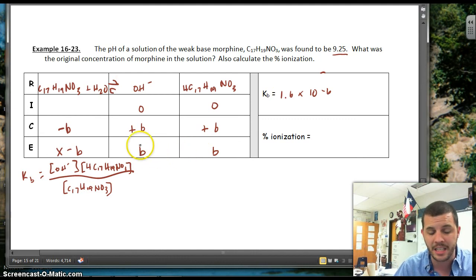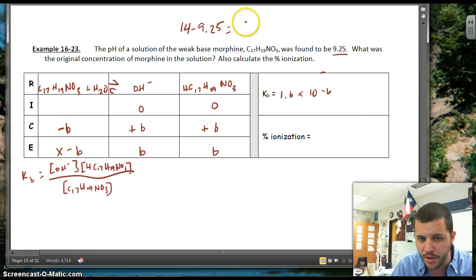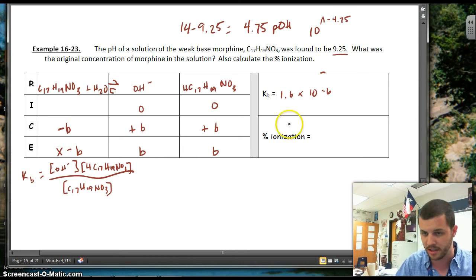So now, before I can find out any of this stuff, I need to figure out what B is. The only way that I can figure out what B is: I know that the hydroxide ion concentration is related to this 9.25. So first I can do 14 minus 9.25 equals 4.75. So that's my pOH. Now I can do the antilog, or 10 to the negative pOH, to find out what my value for B is, to find out what my hydroxide ion concentration is.